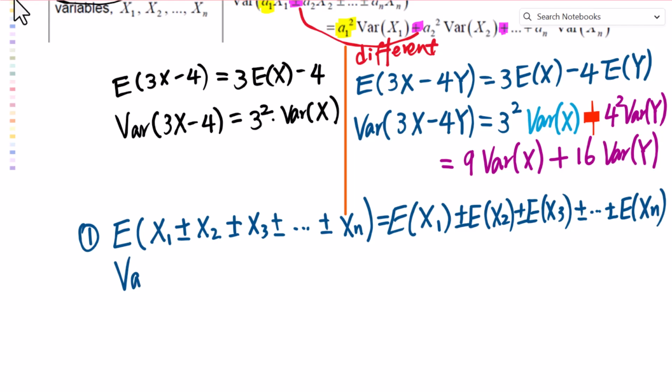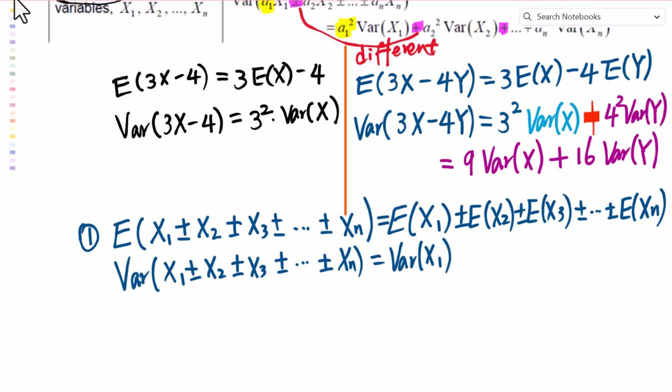For variance of X1 plus or minus X2 plus or minus X3 plus or minus X sub n equals variance of X1. We need to add variance of X2, add variance of X3, add variance of X sub n.